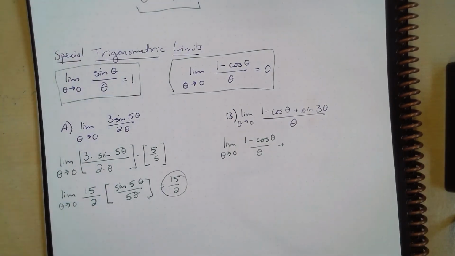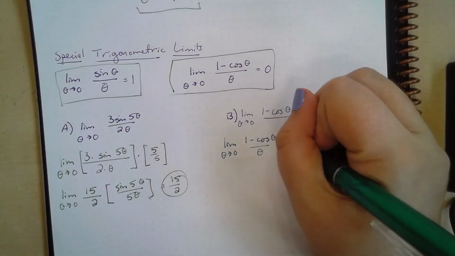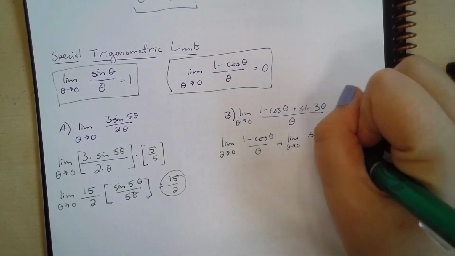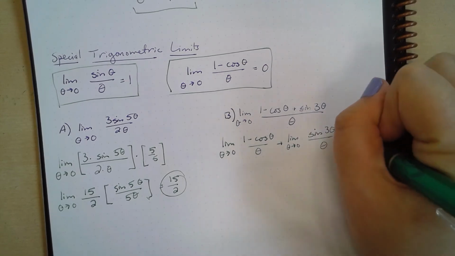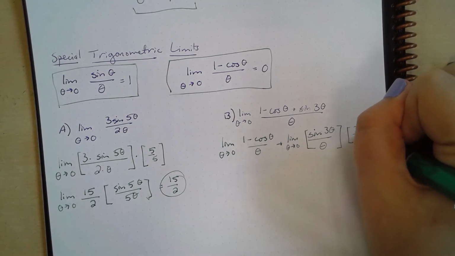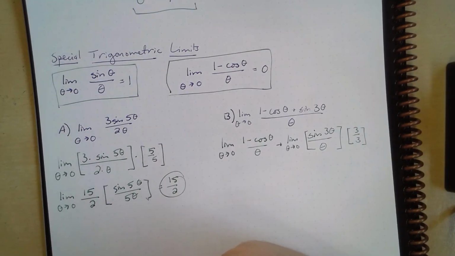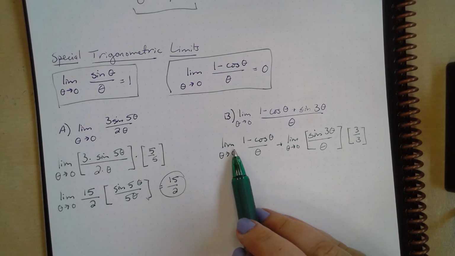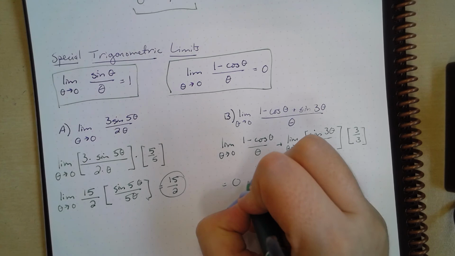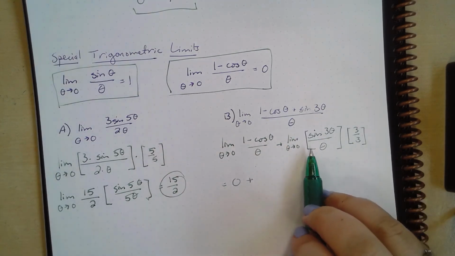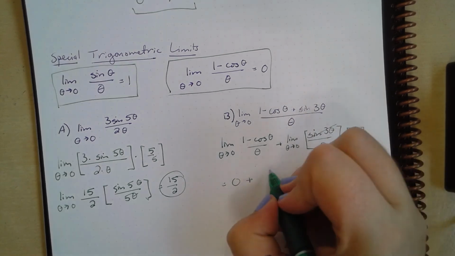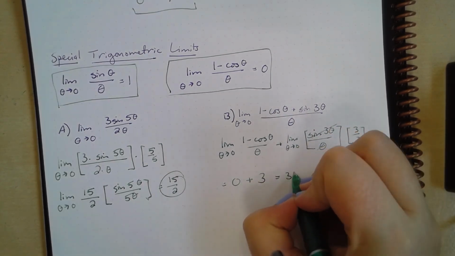I need to rewrite this as plus the limit as theta approaches 0 of sine of 3 theta over theta. And now I can multiply this 3 theta over theta times 3 over 3. So the limit of 1 minus cosine theta over theta, we know that that's just 0. So now this is equal to 0 plus, that sine 3 theta over 3 theta, all that cancels out, is just 3. So my answer here is 3.